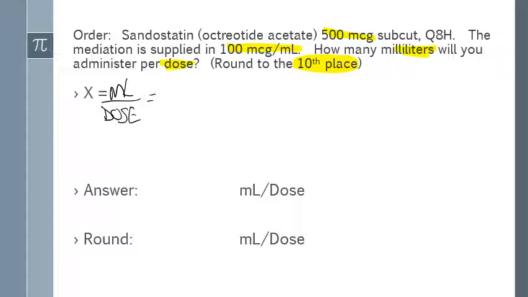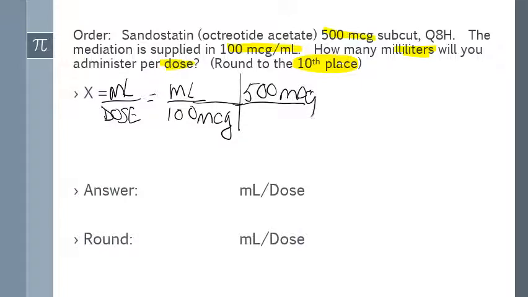We know that in the supply, in 1 milliliter, there is 100 micrograms of this medication. The provider has ordered 500 micrograms, and the client can get that up to 3 times every 8 hours, but that's not relevant because we are solving for dose.